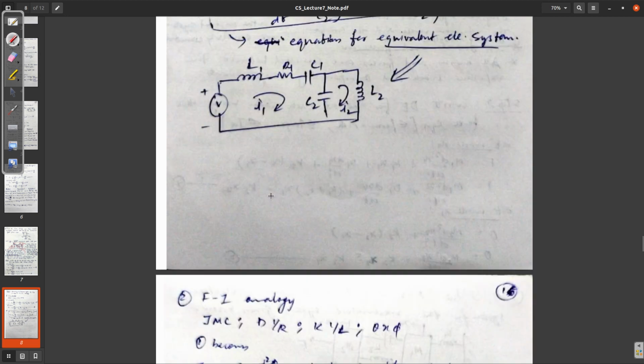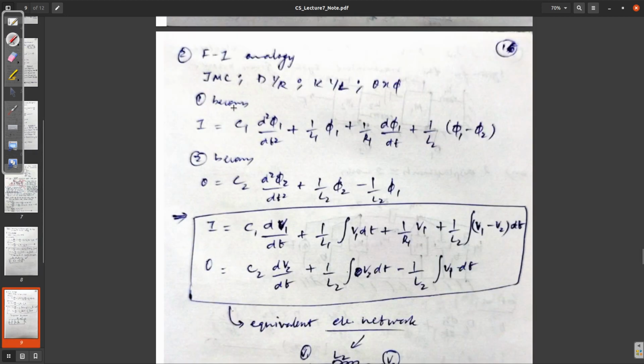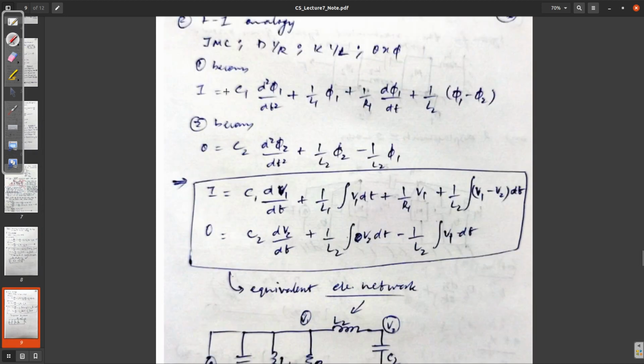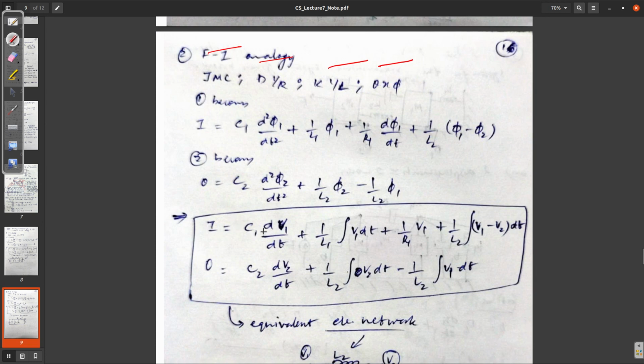Now let's see the same thing using a force current analogy. Using this analogy, you will get the final equation as I equal to C1 dV1 by dt plus 1 by L1, like this. From this you can see that this is a nodal equation.